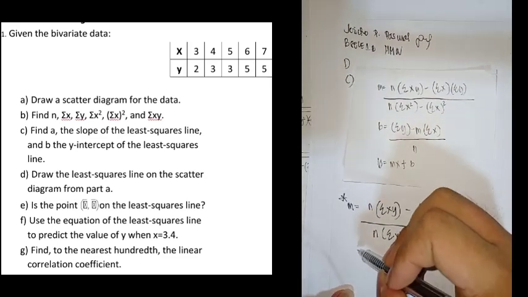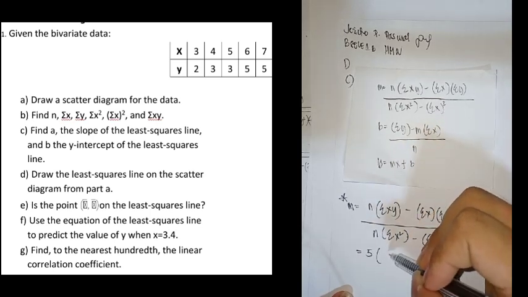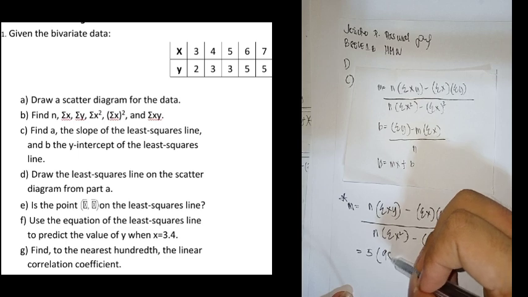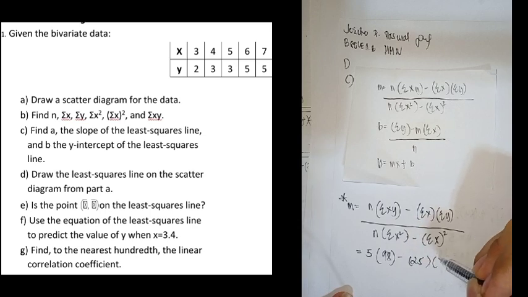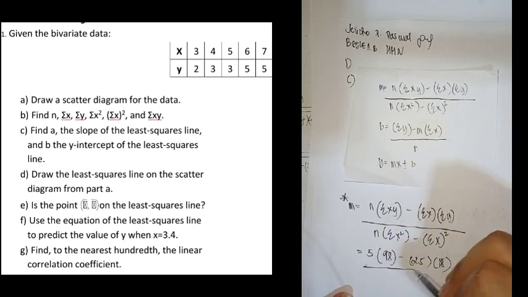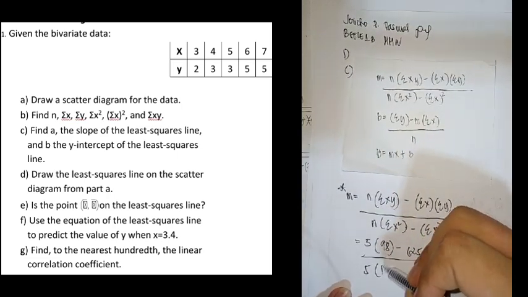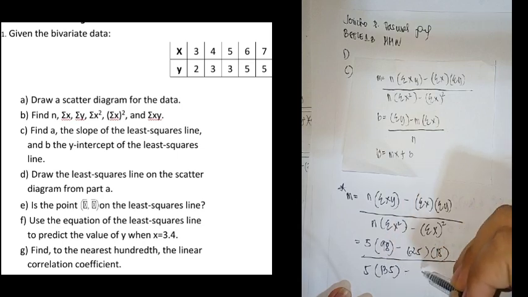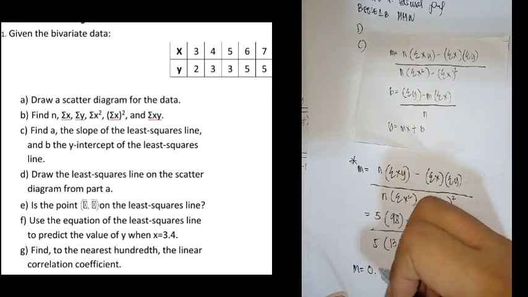So it is equal to n, which is 5, times summation of xy, which is 98, minus summation of x, 25, times summation of y, 18, over 5 times summation of x squared, which is 135, minus the square of summation of x, which is 625. So the value of our m is equal to 0.8.